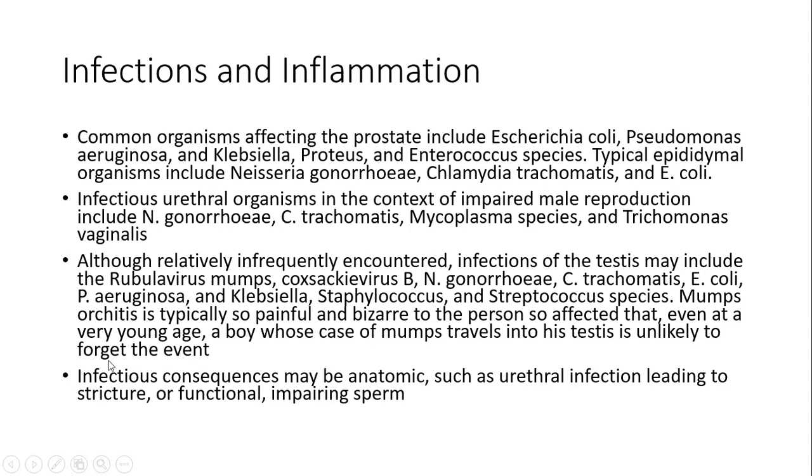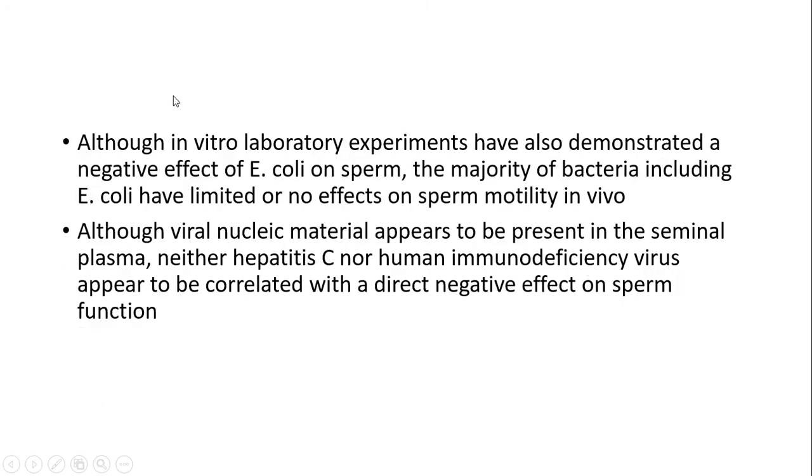Also chronic infections can cause anatomic lesions, which can lead to strictures and obstruction, a restriction of the normal passage of sperm cells through the vas deferens. In vitro laboratory experiments demonstrated a negative effect of Escherichia coli on sperm. The majority of bacteria, including Escherichia coli, have limited or no effect on sperm motility in vivo, but in vitro they do.